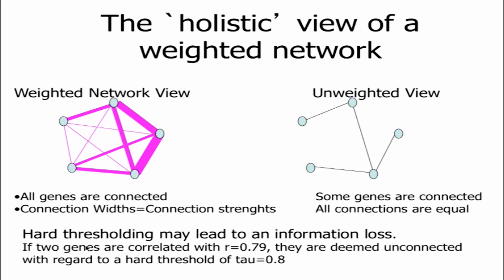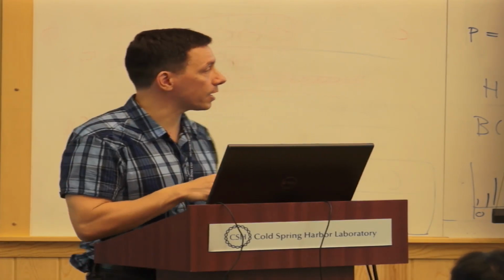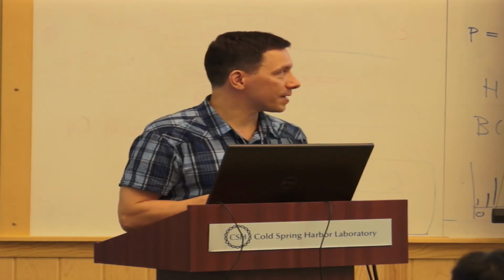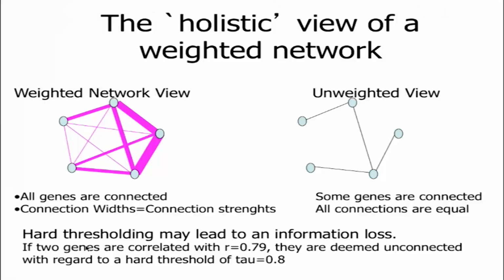You will say, well, they are not connected. But you feel this isn't quite right. Why? Because the data are noisy, and you could say, well, if I only had measured one more microarray, then it would have been above the threshold of 0.8. And so therefore, we prefer to really keep this continuous co-expression information without hard thresholding it.